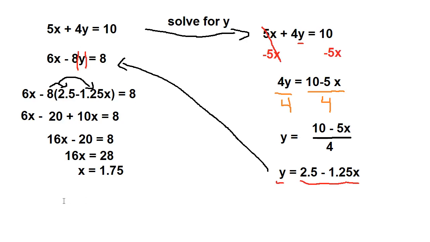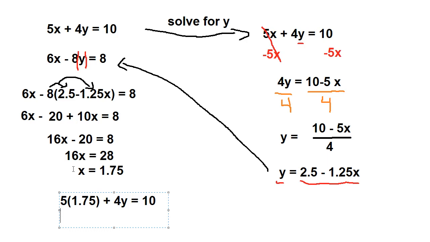So we're going to use the top one here. For the top one, we had 5x plus 4y is equal to 10. So 5x, where x is 1.75, plus 4y is equal to 10. 5 times 1.75 is just going to be a number.